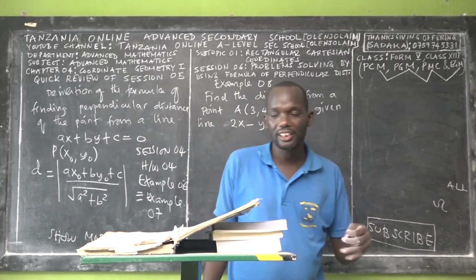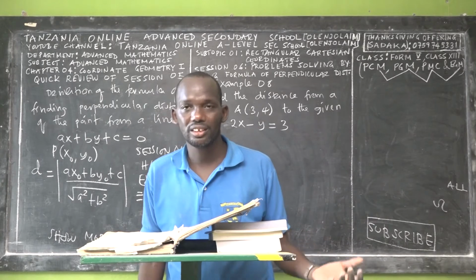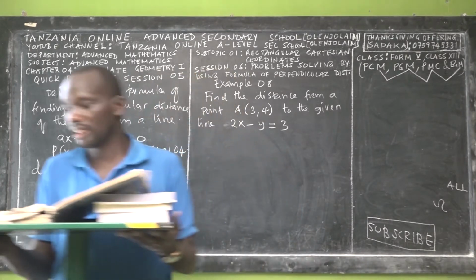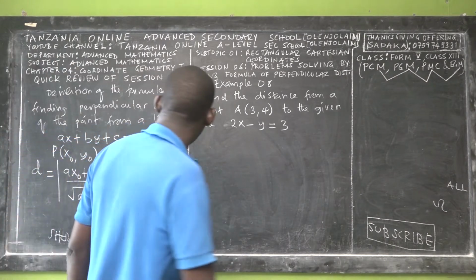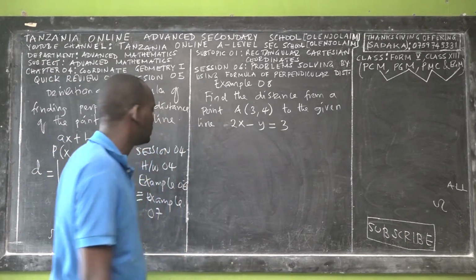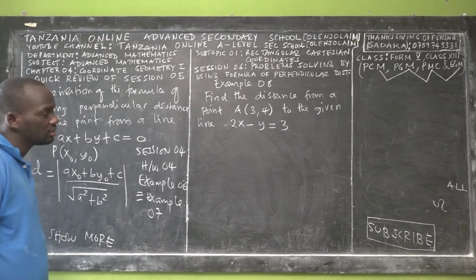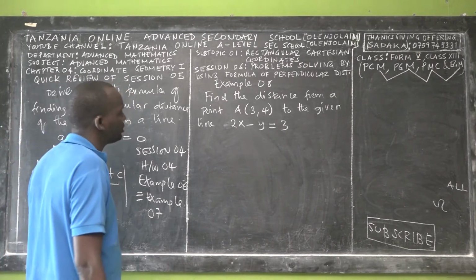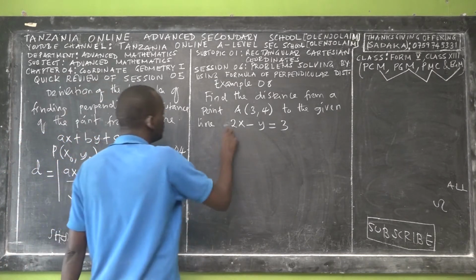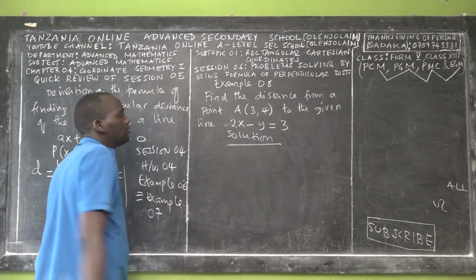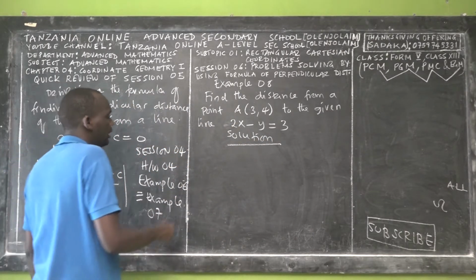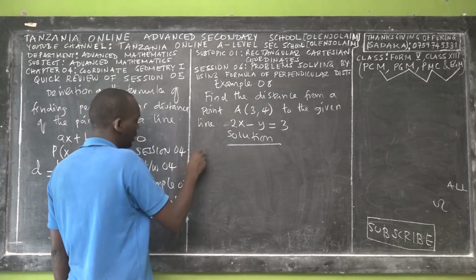So you can use the concept I taught you in session 4, or you can use the general formula of the perpendicular distance of a point from the line. So, solution: you can pause the video and try to solve this problem yourself, then come back and check.